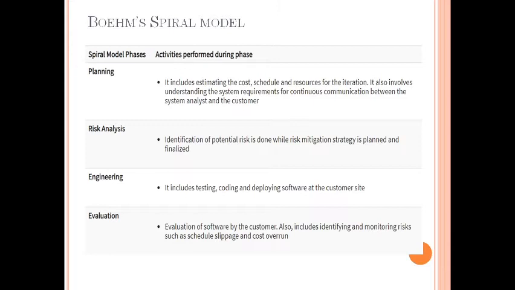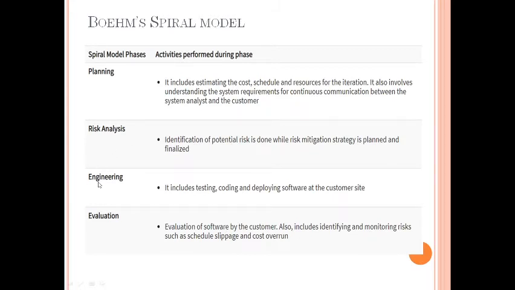We are going to design some architecture diagrams. Different diagrams will be generated based on the requirements. And what the problems and issues will be, cost issues, human resource issues, everything will be analyzed in the second phase, that is risk analysis.